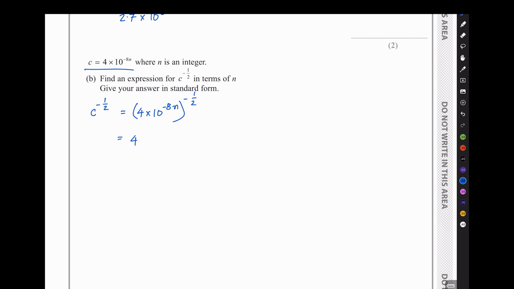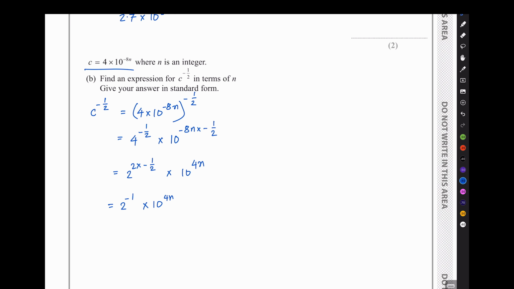So 4 to the power negative 1 over 2 times 10 to the power negative 8n multiplied by negative 1 over 2. Now 4 can be written as 2 squared, multiplied by 1 over 2, and this is 4n. So this is 2 to the power minus 1 times 10 to the power 4n.